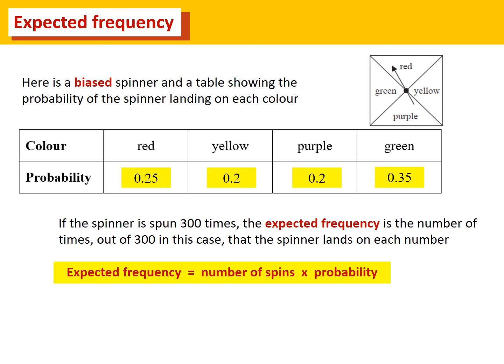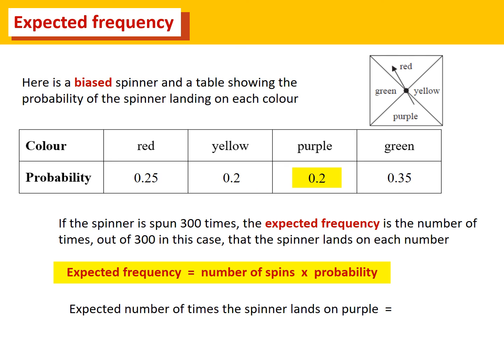Well, to find that out, there's a little formula: the expected frequency is the number of spins multiplied by the probability of landing on any one of the colours. So, if we wanted to find the expected number of times that the spinner lands on purple, if we spin the spinner 300 times, well, the probability in one spin of landing on purple is 0.2.